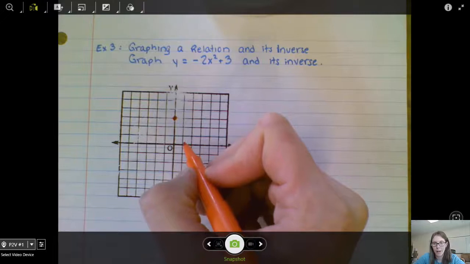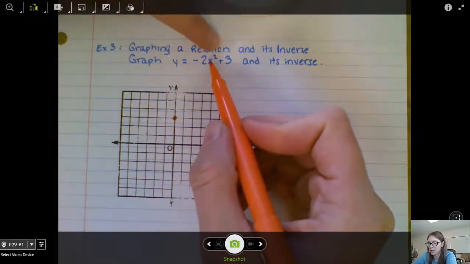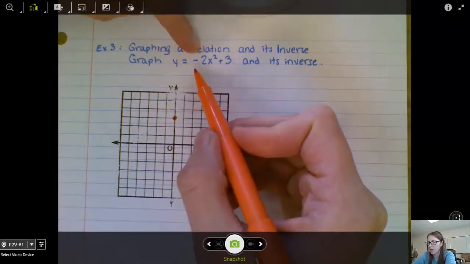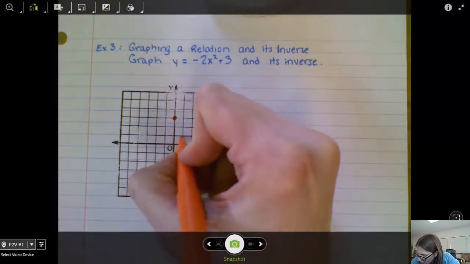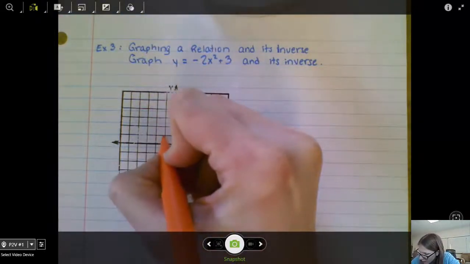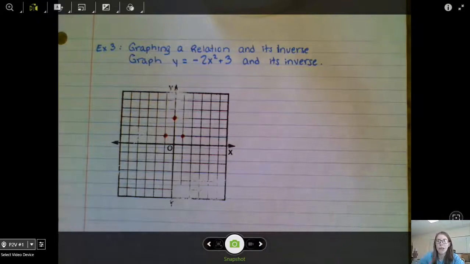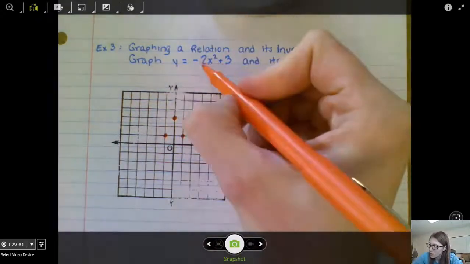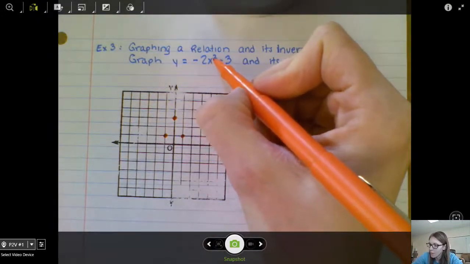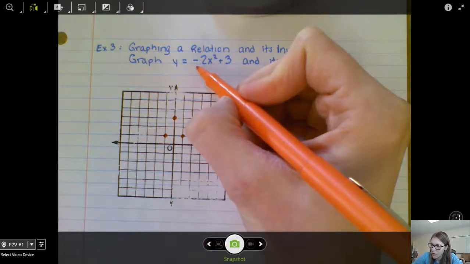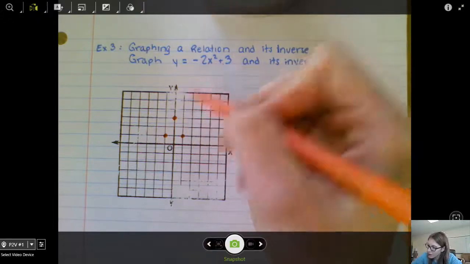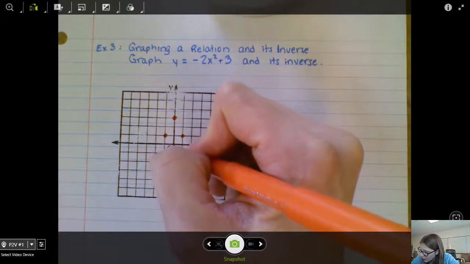So if I plug 1 in, 1 squared is 1 times negative 2 plus 3, I get 1. Same on the other side of my axis of symmetry. And if I plug 2 in, 2 squared is 4 times negative 2 is negative 8 plus 3 is negative 5. 2, negative 5.